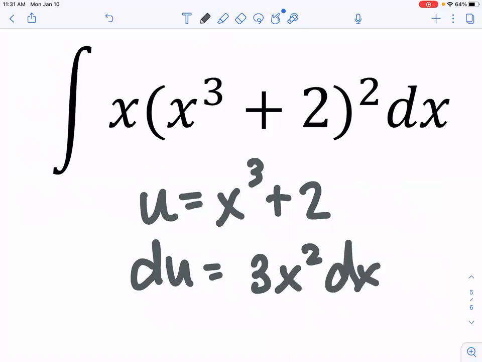Would you like to divide over the 3 and square root it? That's not going to work because we'd still have that x. You don't have the square root of du, and we need du.